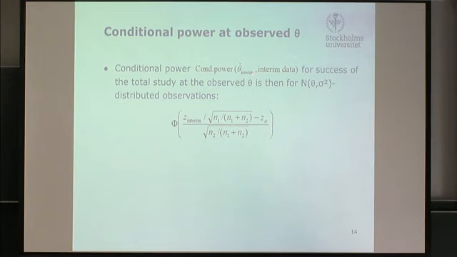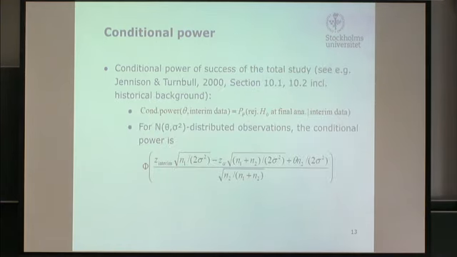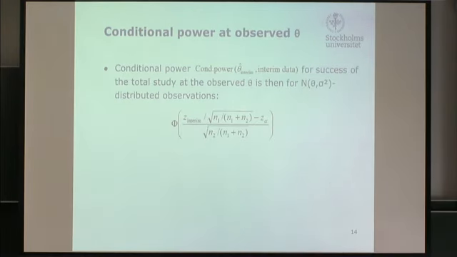And then we rely on what we have observed in the first part of the study, and use this observed theta here, and we can then derive that the formula becomes much simpler and is then independent of both theta and sigma, such that given a certain interim observation of the interim Z value, we can compute which conditional power we have to be successful in the end.